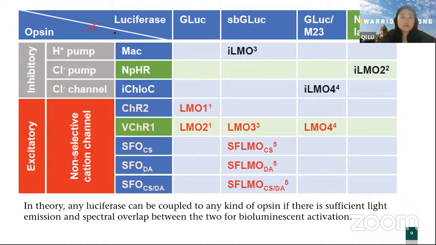Putting these two together, we can have a 2D chart that links them. For example, SFLMO combines a step-function opsin, linked with SB group and GLuc, and this is excitatory. So this chart summarizes what we have so far for bioluminescent activation.